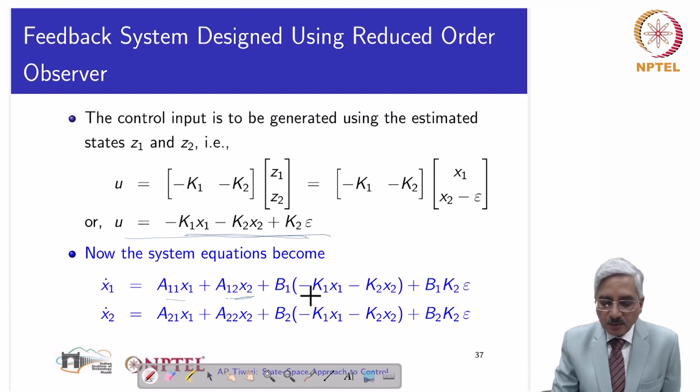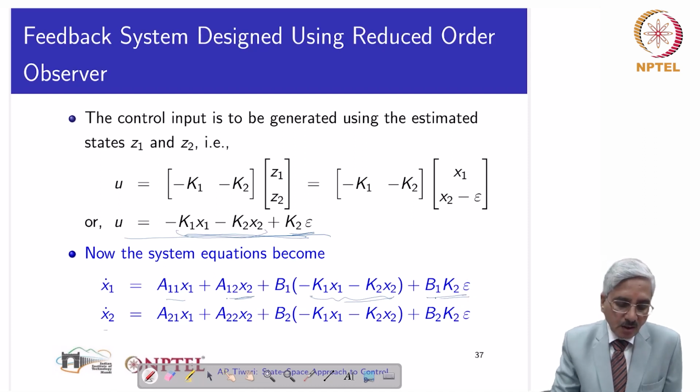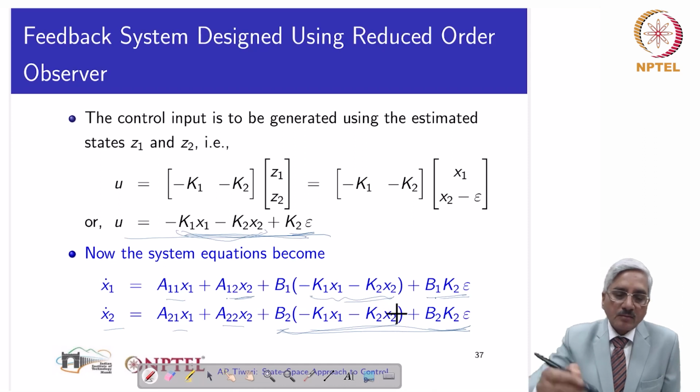So B1 into K1 X1, K2 X2 we keep here, and K2 epsilon we keep here. So B1 into K2 epsilon. In the same manner, X2 dot is A21 X1 plus A22 X2 plus B2 U, that B2 U gives this one. B2 times K1 X1, K2 X2, this here, and K2 epsilon here. So this is what the system equation becomes.